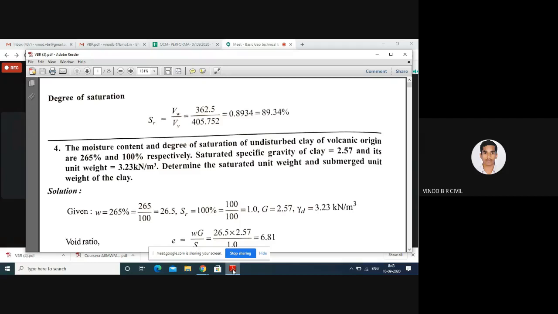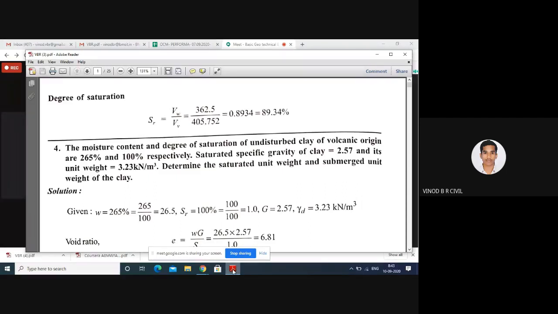In this problem, they have given the water content, that is 265 percent. They clearly mention moisture content is 265% and degree of saturation is 100%, which means it is completely saturated soil. The specific gravity is 2.57, and the dry unit weight is 3.23 kilonewton per meter cube.